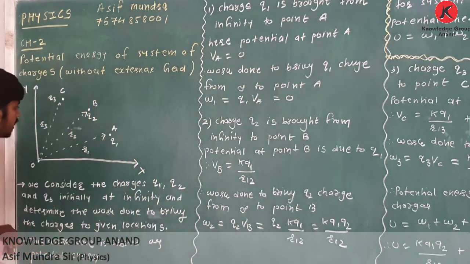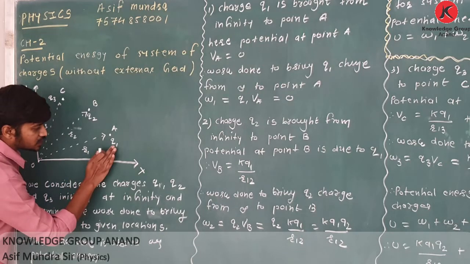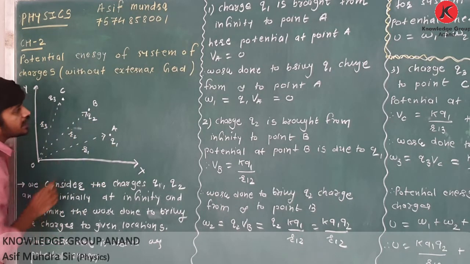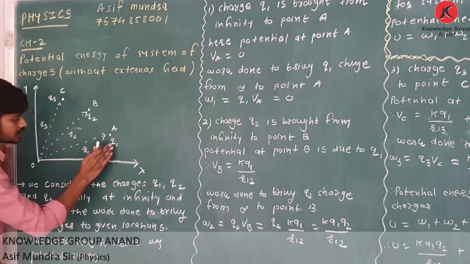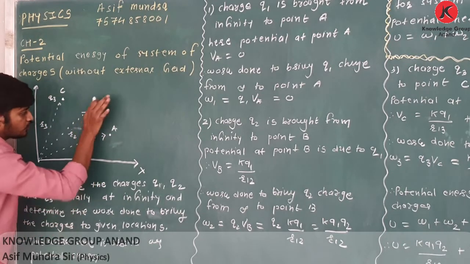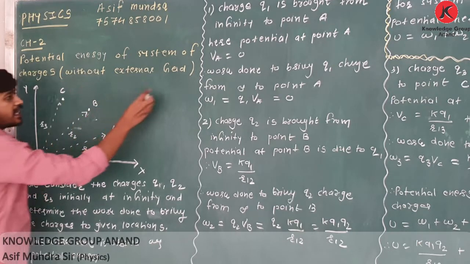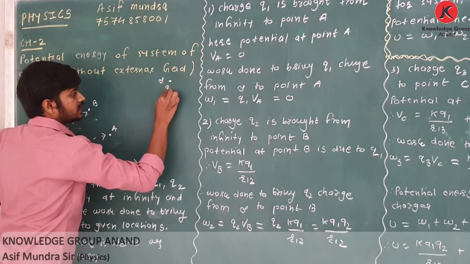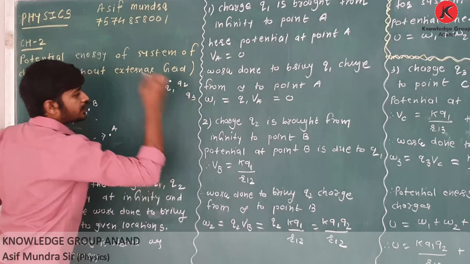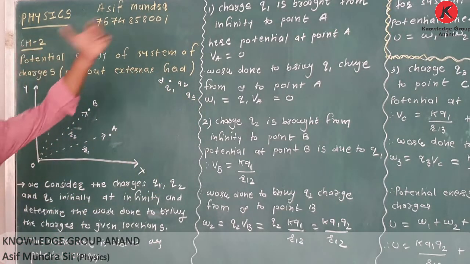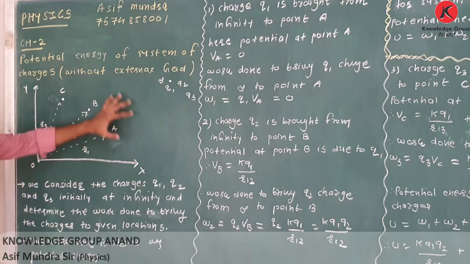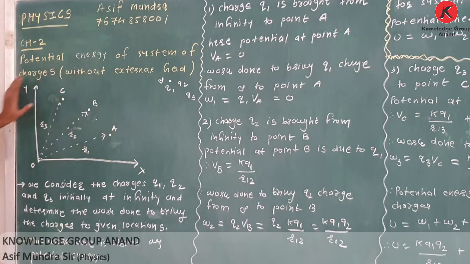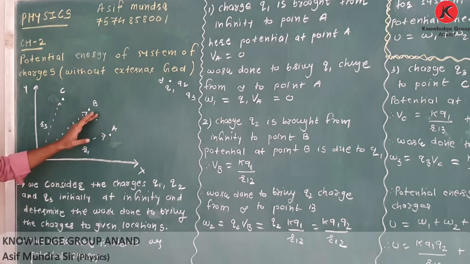So initially we assume that these three charges Q1, Q2 and Q3 are at infinite distance. So what is left in this region? Nothing. There are no charges, no external field in this region, at point A, at point B and at point C.